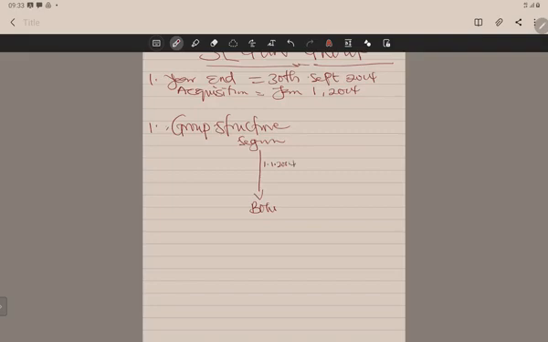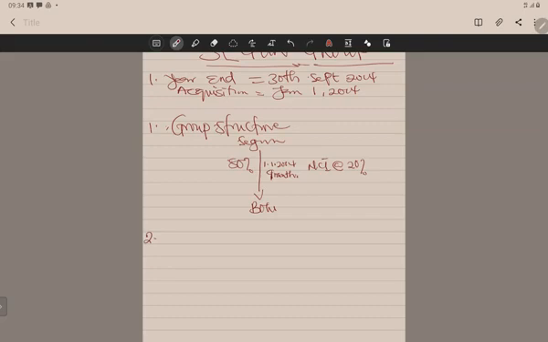Just say 9 months. It acquired 80%, so NCI is 20%. You can put it anywhere. Since you've written 9 months to the year end, you will know that anything you are doing is 9 months.